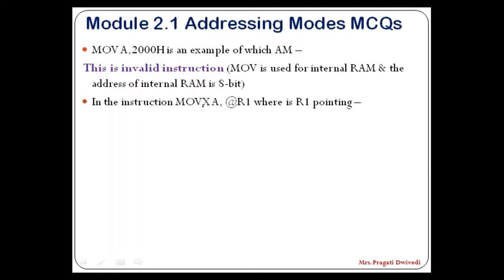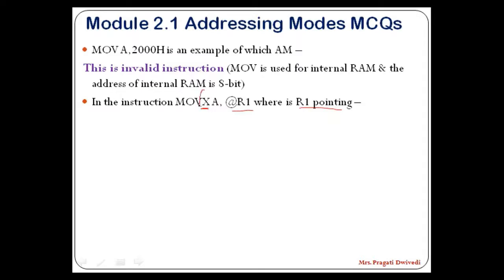Next, MOVX, right? When I say X, it is external data memory, and who is pointing? @R1 is pointing. When you have @, it means indirect addressing mode, and you don't have any indexing here. The question is, where is R1 pointing?